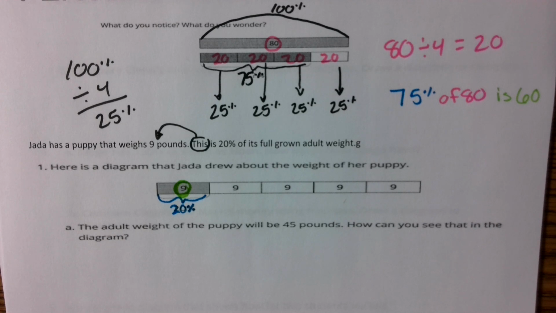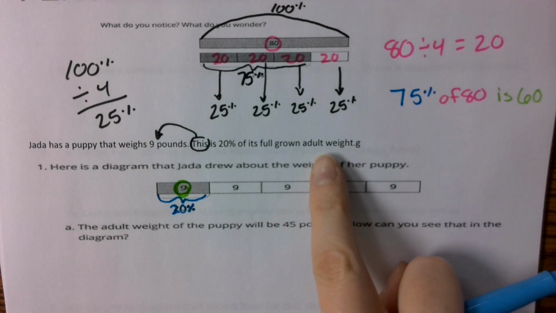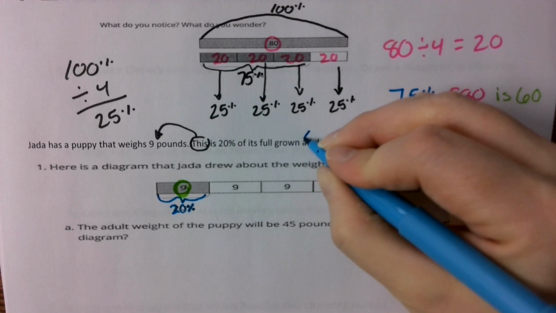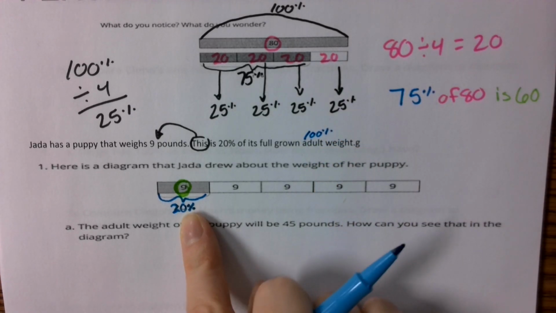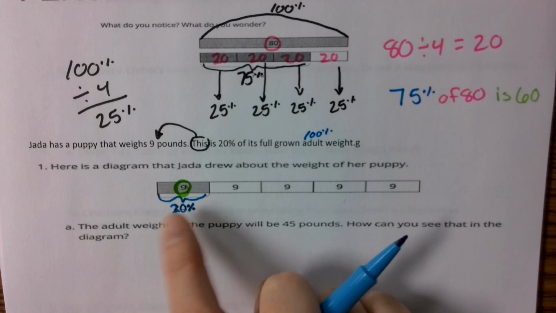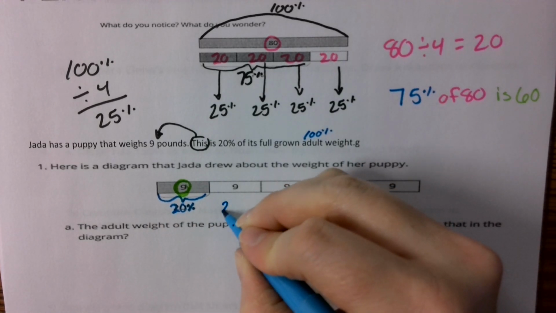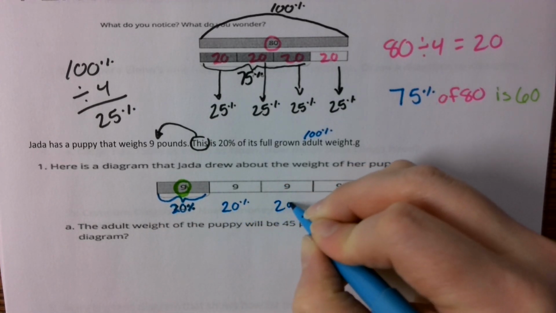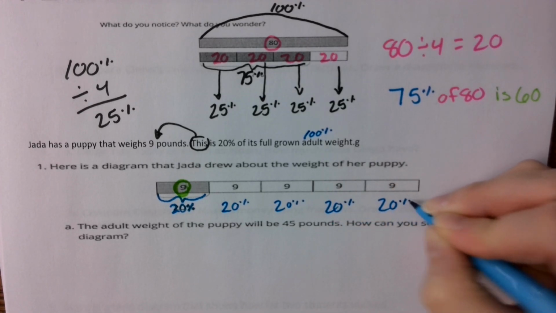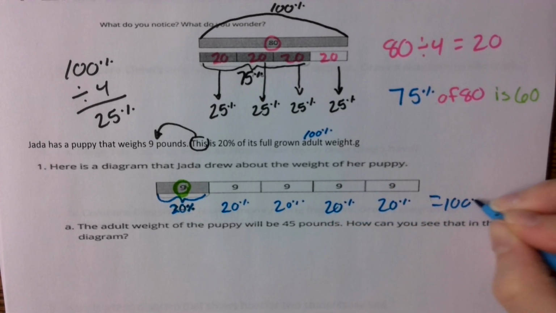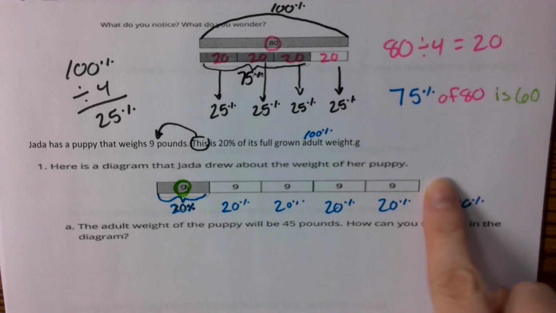Yeah, we're focusing on 100%, right? The full-grown weight of the dog is going to get up to 100%. That's what we're trying to do. Well, if we know that one part of that box is 20%, then we can keep adding additional 20% until we're able to get to a total of 100%, which happens to be a total of 5 boxes.